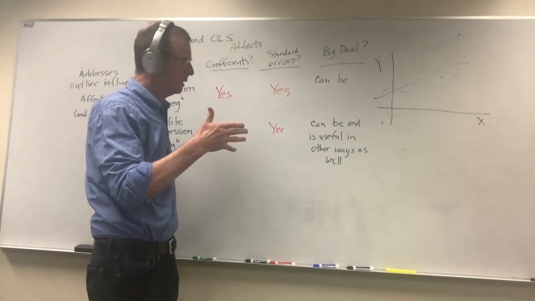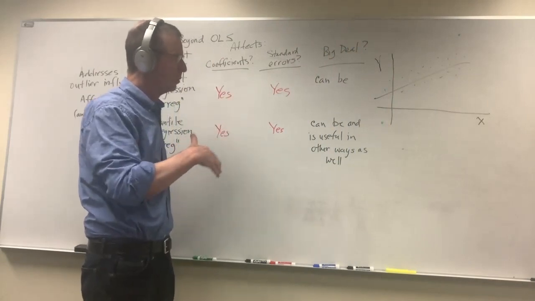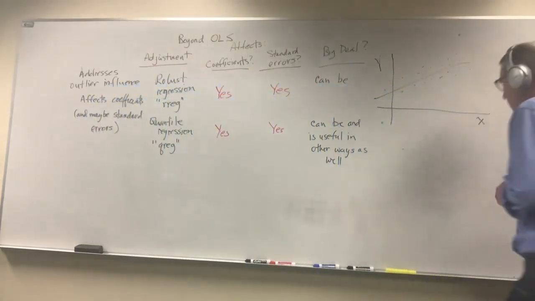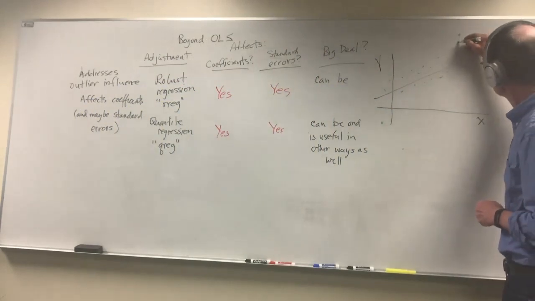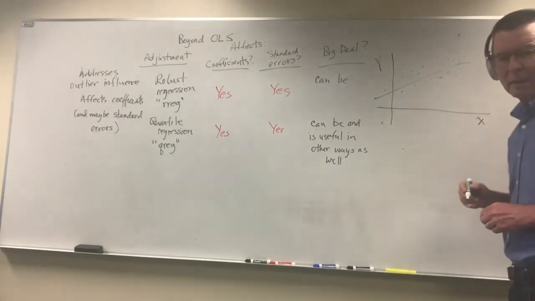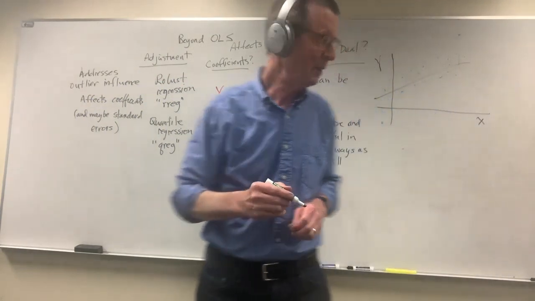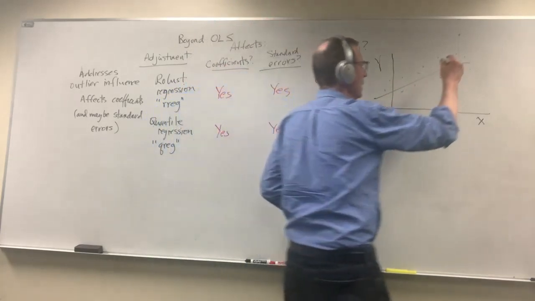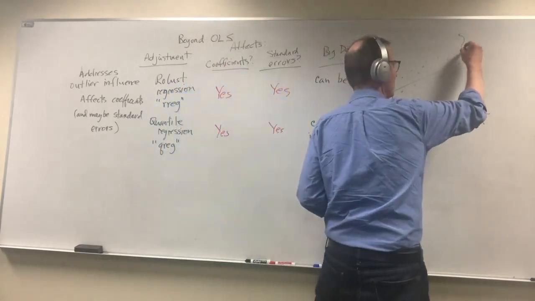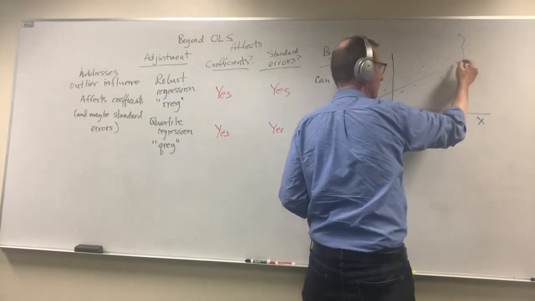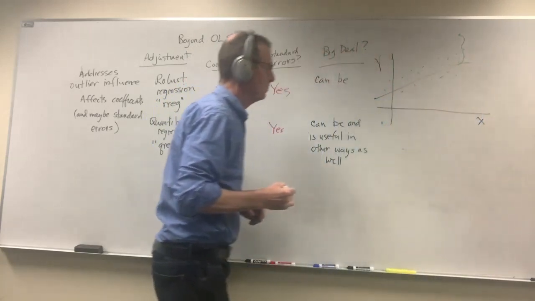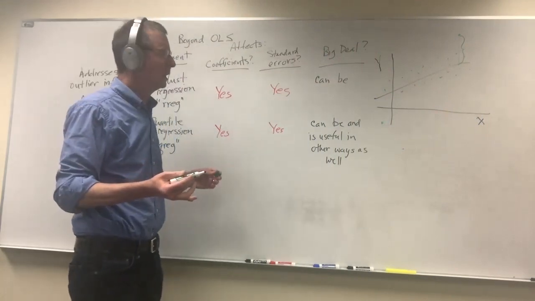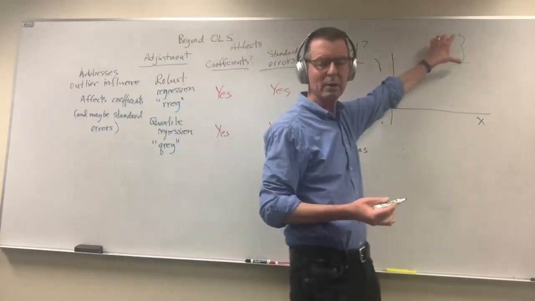But for values of y that are quite different from the best fitting regression line, remember OLS is trying to minimize the sum of squared deviations of every observation from the regression line. And it's a least squares criterion, right? So this distance, in terms of its influence in calculating the regression coefficient, B, that distance is squared.